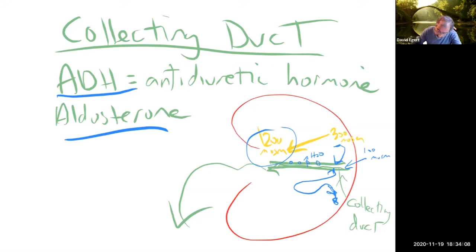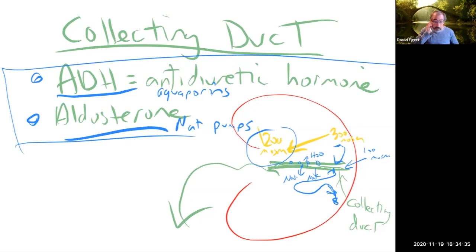Aldosterone is going to turn on sodium pumps that reclaim sodium back into the body. These can be independent. You can turn one or the other on or off, either open or close the aquaporins, or turn the sodium pumps on or off. But if you have both working together, that's the most effective if you're really trying to hold water in your body, which we saw in the renin-angiotensin mechanism, right?